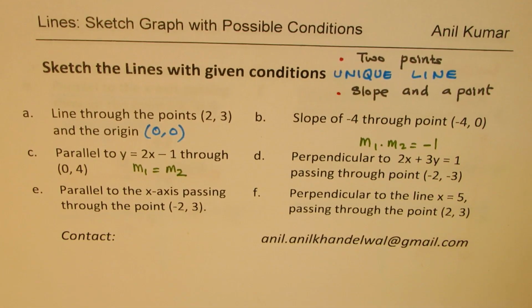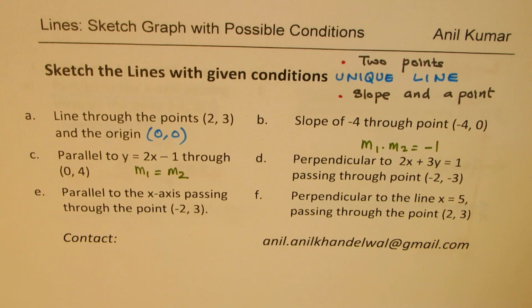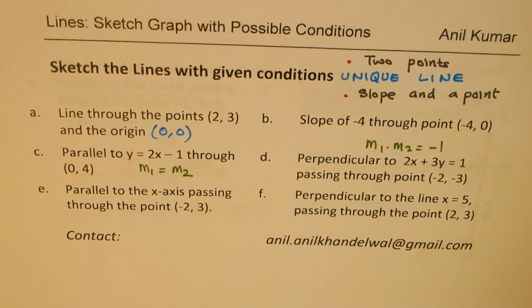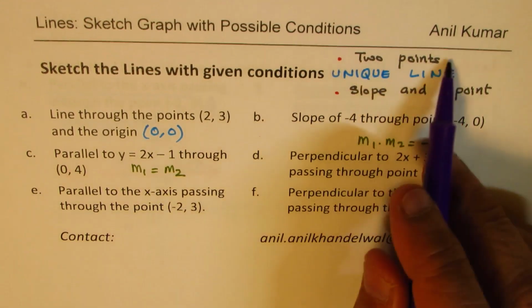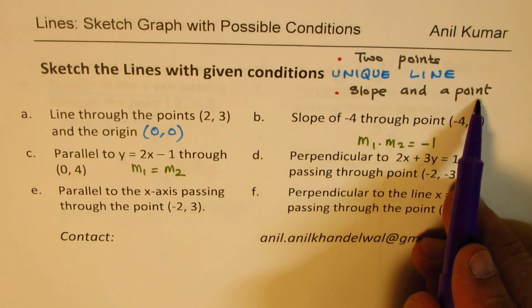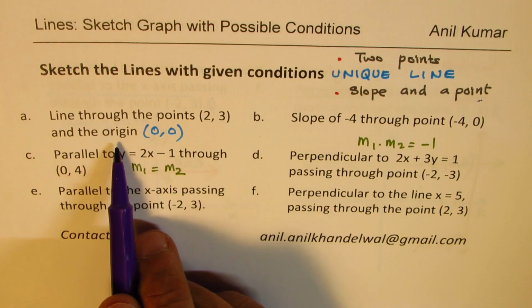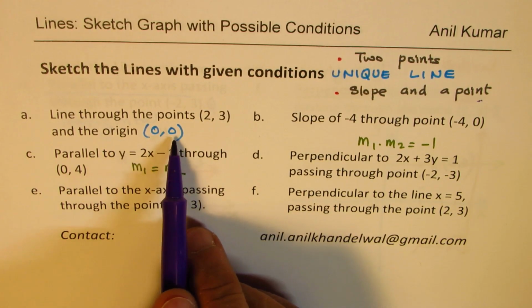As you can realize now, we did all the lines without a graph paper, fairly accurate, and I hope you understood the process. The whole idea here is that we should be drawing lines with either 2 points or a slope and a point. Sometimes they write origin, it is a point, (0, 0).